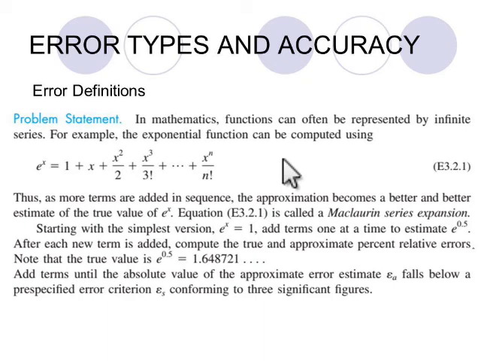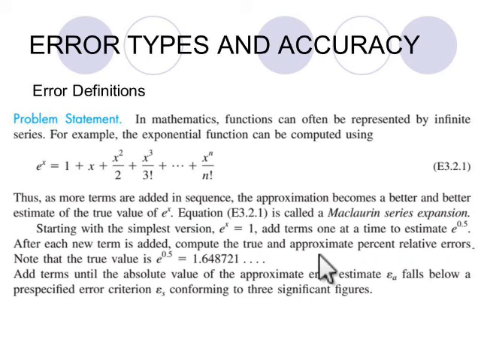So this is the Taylor series approximation around 0. As you increase the number of terms, you get closer to e to the power x.